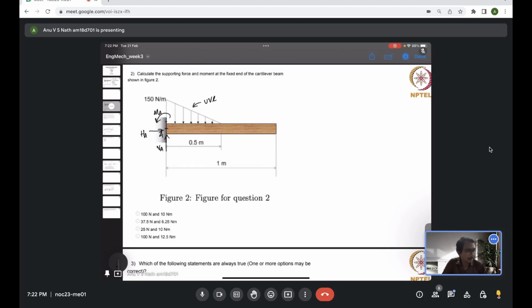We are expected to evaluate the horizontal and net reaction at the fixed end A of this cantilever beam, which is loaded with a uniformly varying load. Anyone got the answer? Okay, I will start explaining.